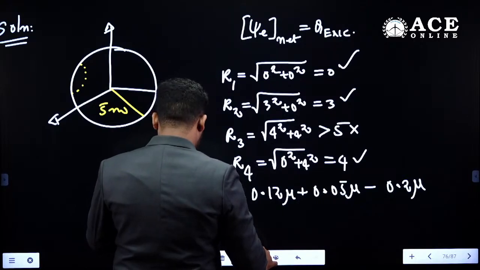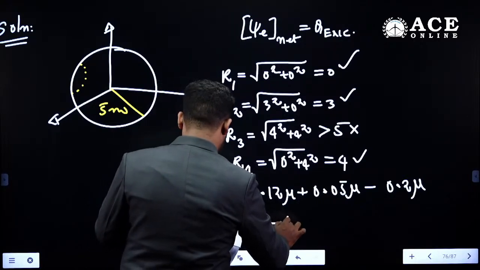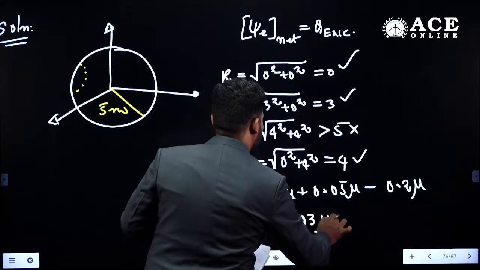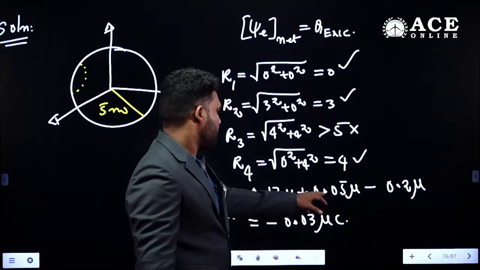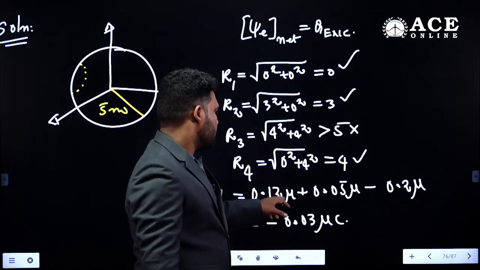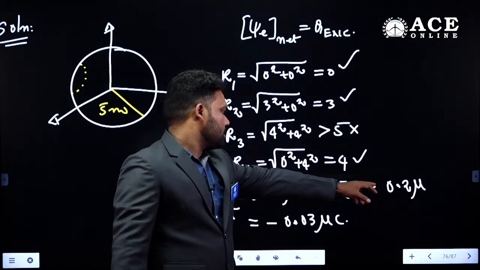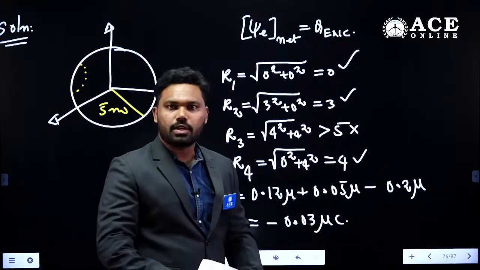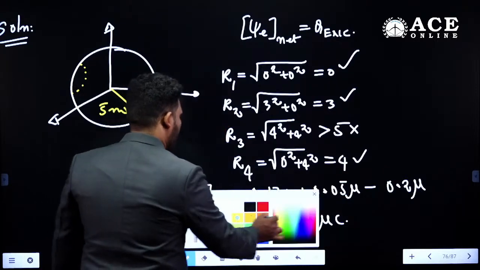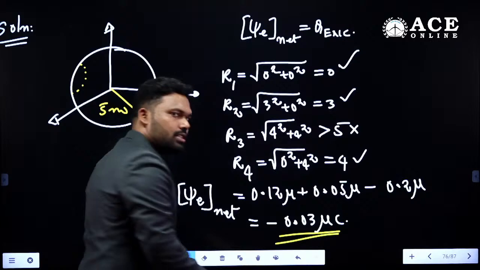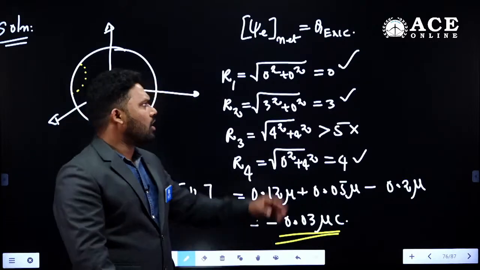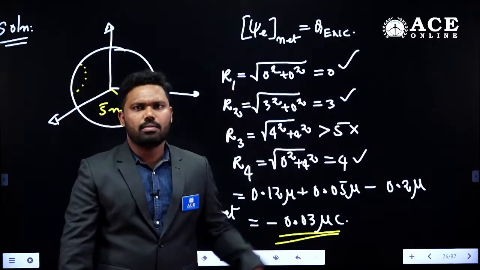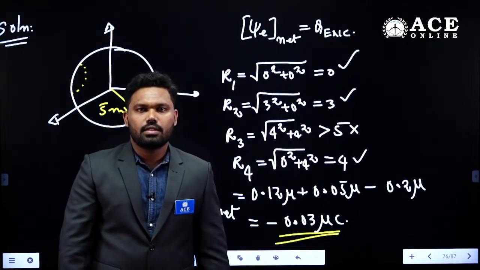You can check that this value will turn out to be minus 0.03 microcoulombs. Am I correct? Yes. So 0.03 microcoulombs is the answer. Okay, so these are the two questions which have appeared in this paper, one is conceptual based, the other one is a formula based thing. This is all about this.